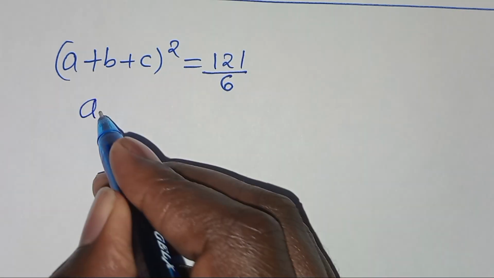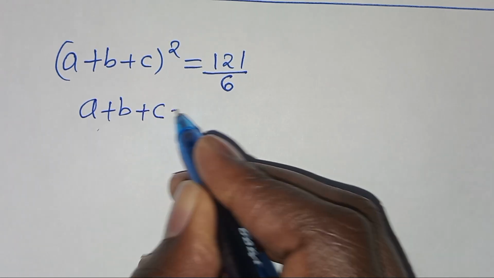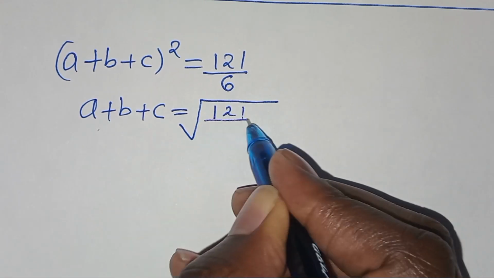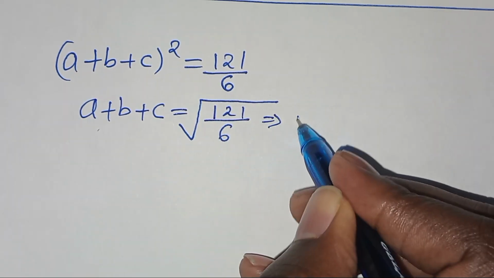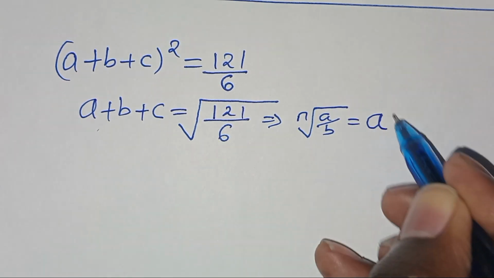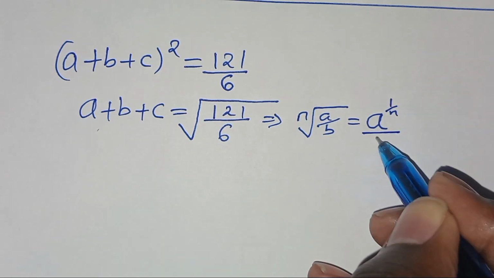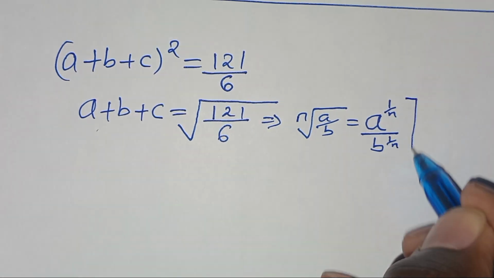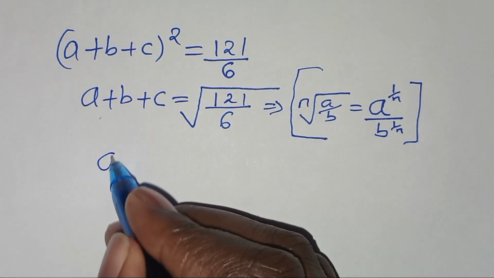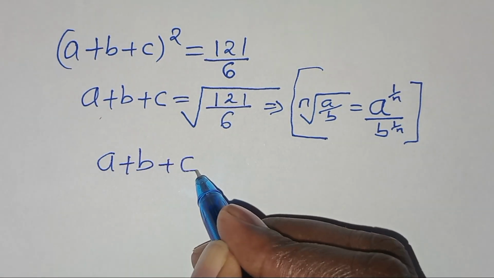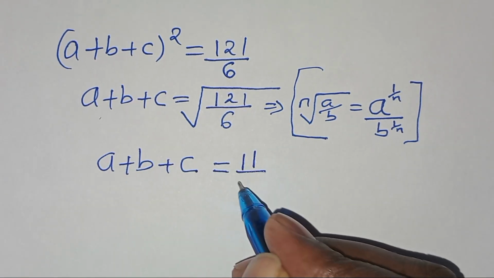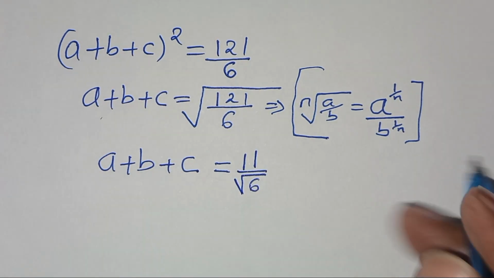And therefore, a plus b plus c is equal to the square root of 121 divided by 6. So applying this property, you will have a plus b plus c equal to the square root of 121, this is 11, divided by square root of 6.